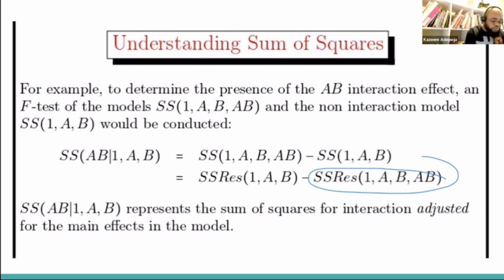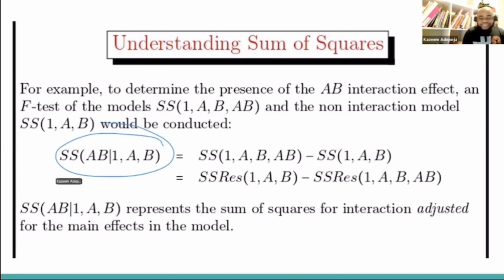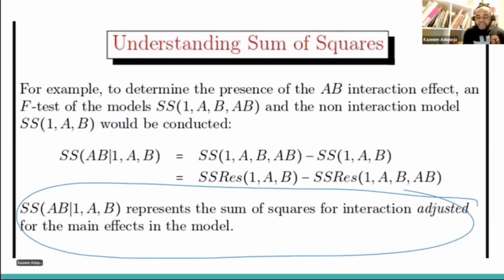When you subtract the two variations, you basically get the SS interaction AB, putting into consideration the main effects. That is why I said that it represents the sum of squares for interaction adjusted for the main effects in the model.